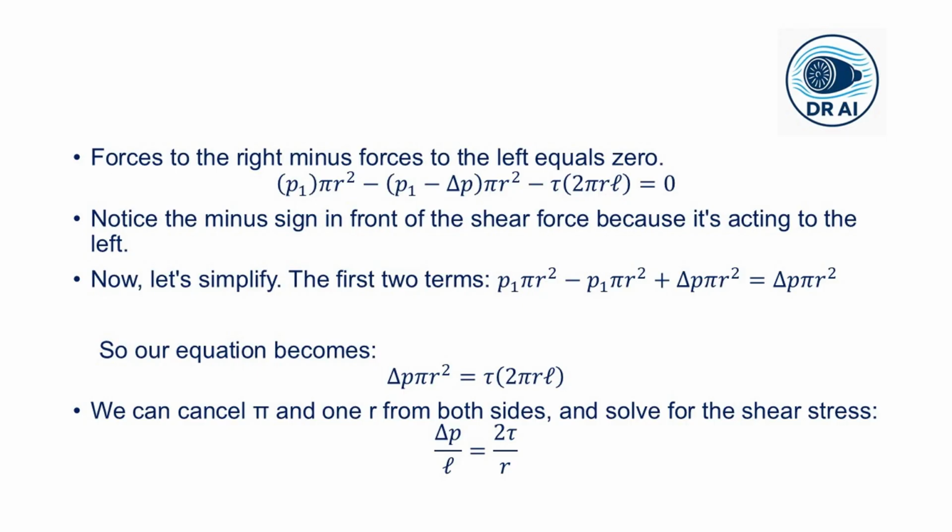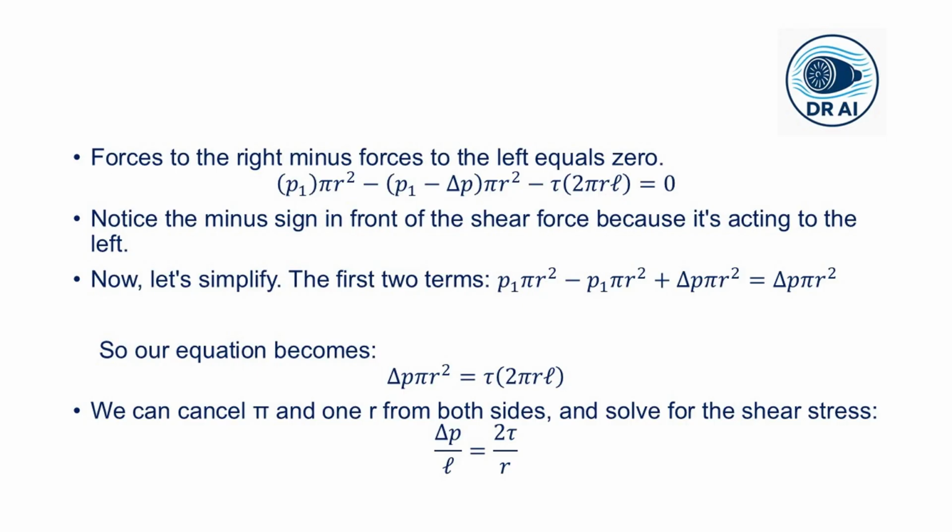P1 times pi r square minus P1 minus delta P times pi r square minus tau 2 pi RL must equal zero. Notice the minus sign in front of the shear force because it's acting to the left. We can cancel pi and one R from both sides and solve for the shear stress, and we can write the final equation as delta P over L equals 2 tau divided by R.